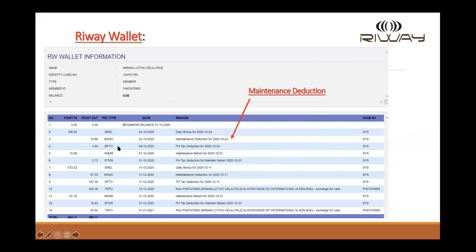Number one, when she was registered, she has a return of 108.6 RW. Automatically, the company will deduct maintenance deduction of 10%, that is 10.86, and then Philippine tax deduction, 4.89.